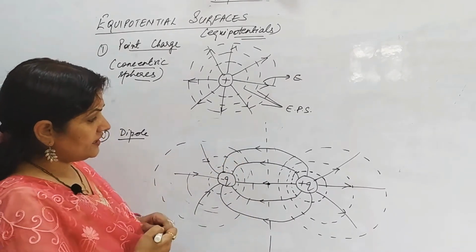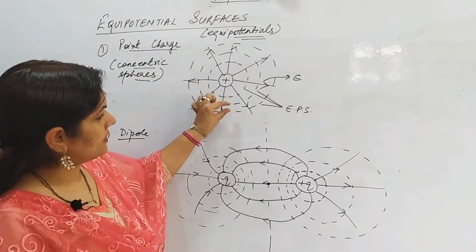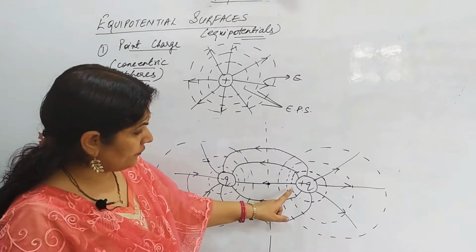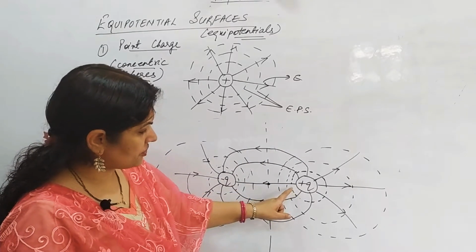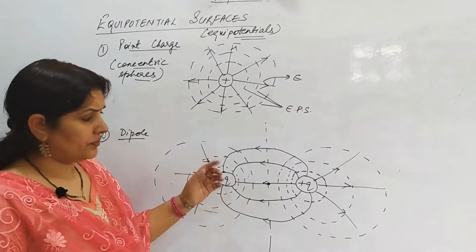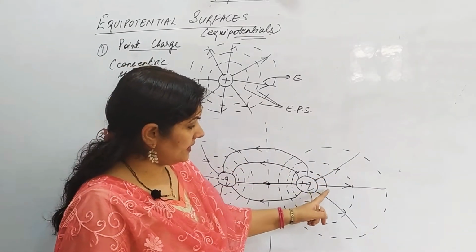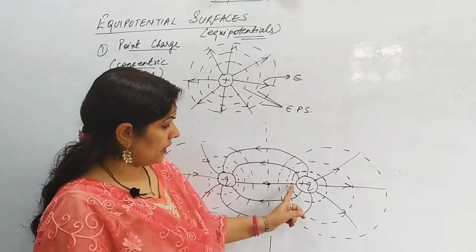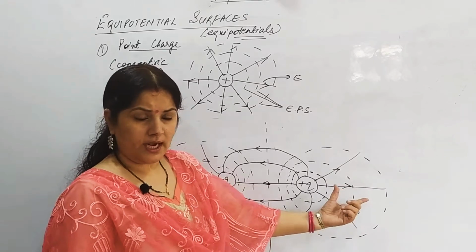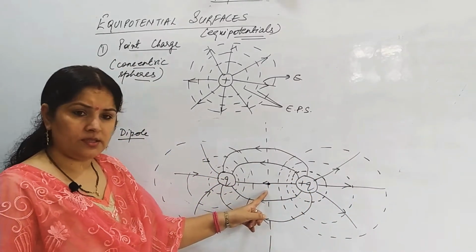Now what is the difference between this and this? These are equidistant, but here if you observe, the equipotential surfaces are closer because there is a force of attraction between both of them. On the other side, the right hand side, the distance compared to the left hand side, they are closer, but on the right hand side they are farther. Net charge at the center is 0.